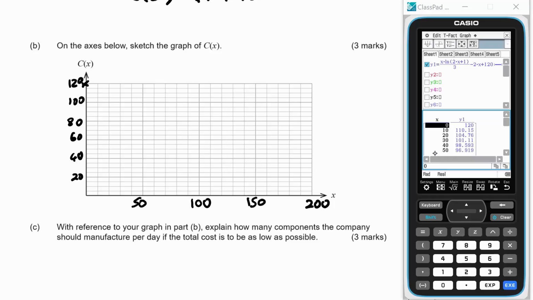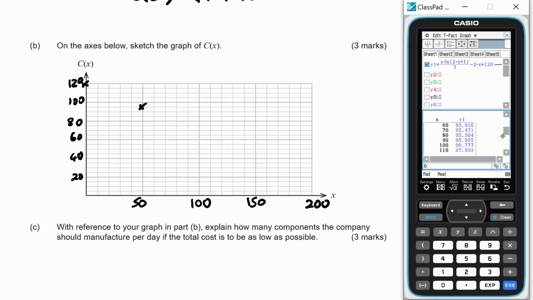Let's go to 50. What's 50? 96. So 96 will be about here. Oh, I missed the 50. What's the situation at 100? 100 is 96 as well.